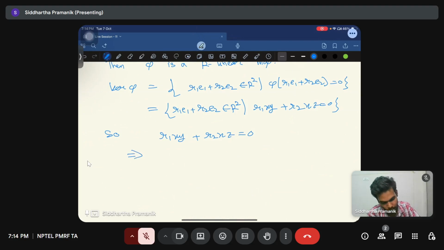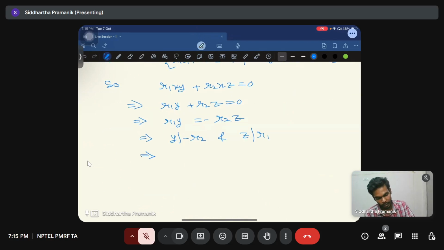So here x is common and we are in an integral domain, so we can cancel out x. So this is R1 y plus R2 z equals 0. This implies R1 y equals minus R2 z. This will imply y divides R2 and z divides R1.